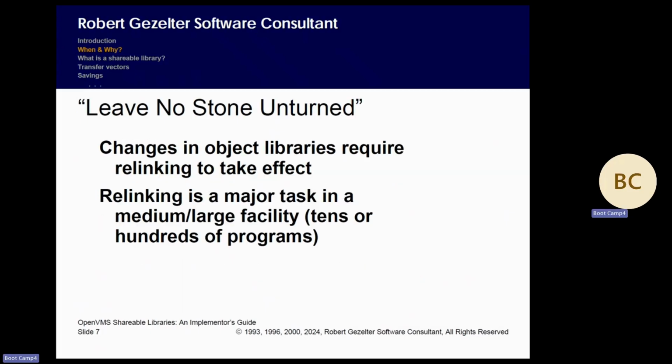I have seen sites go through huge debugging cycles and troubleshooting cycles trying to find why something malfunctioned, only to discover that of a population of hundreds or thousands of images, a handful got missed during an update. If you update a shareable library and everybody religiously uses the shareable library, there is no mass relink required.